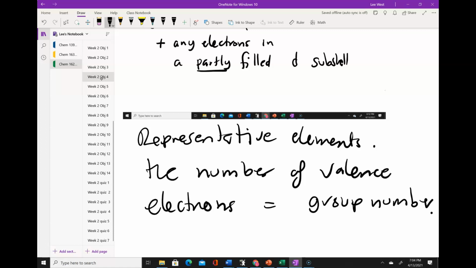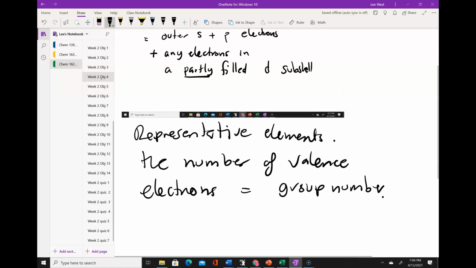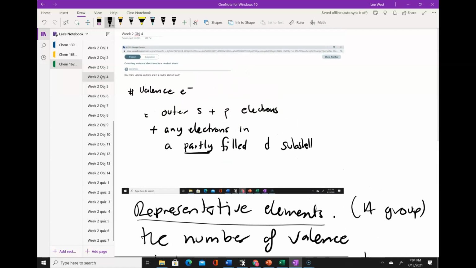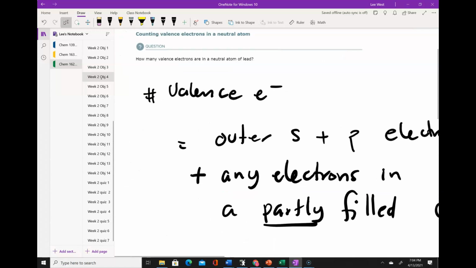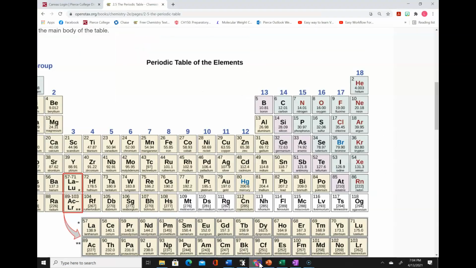So if it's in an A group, you get an easy write on this. So the representative elements are those that are in the A group. So you don't have to worry about doing all of these things. So let's find lead in the periodic table and determine whether it's a transition element or a representative element. That's going to be our first thing.